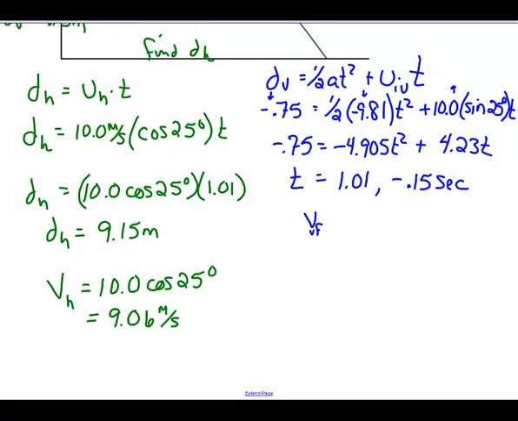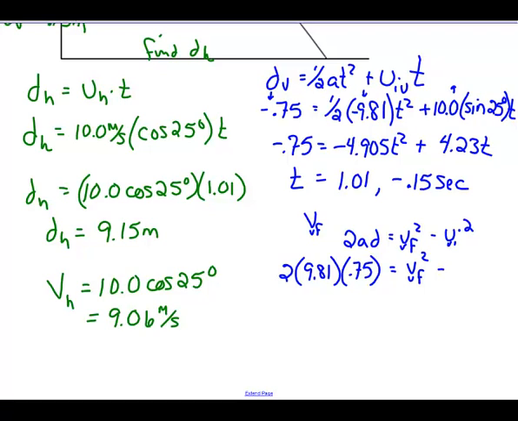Final velocity in the vertical direction, I'm going to use a kinematic 2AD equals VF squared minus VI squared. And both of my velocities are going to be vertical velocities. So I'm going to say 2, my acceleration vertically is 9.81 meters per second squared. dV, vertical displacement, is 0.75. Final velocity, vertical, that's what I'm looking for.